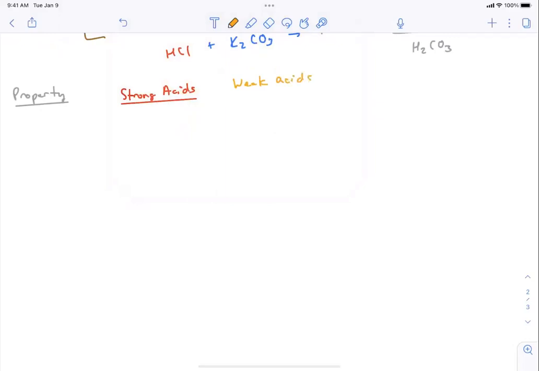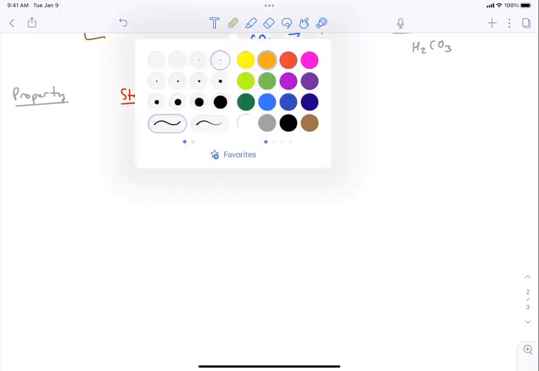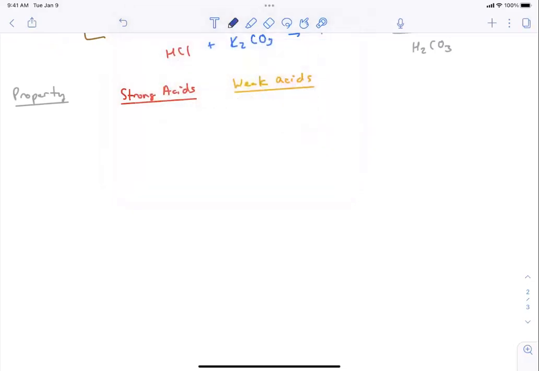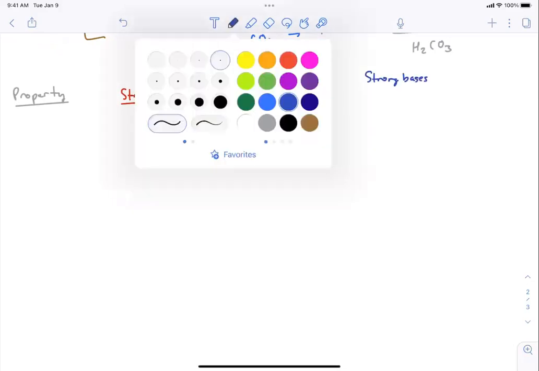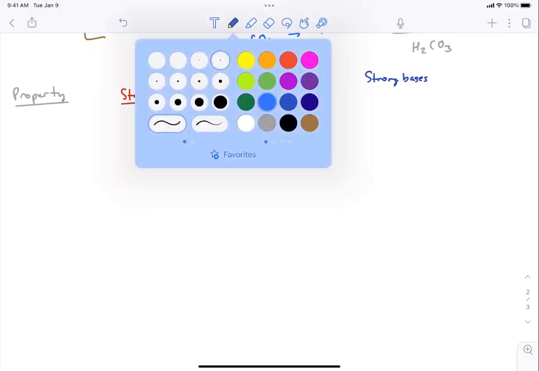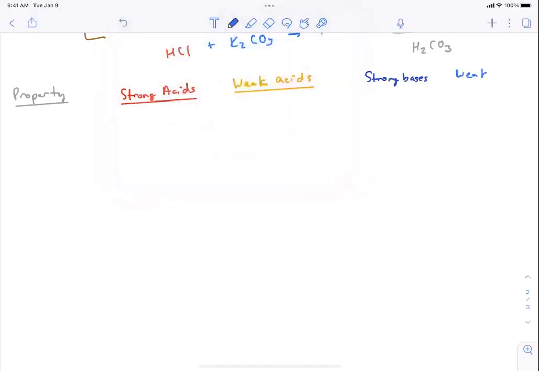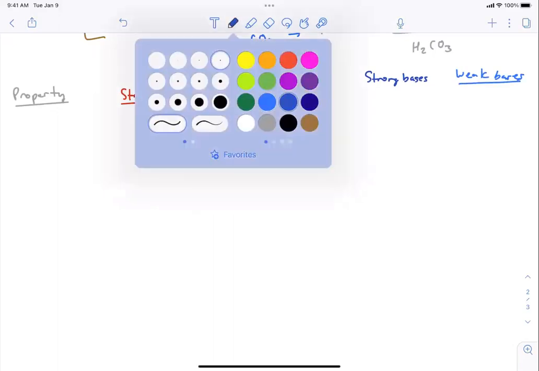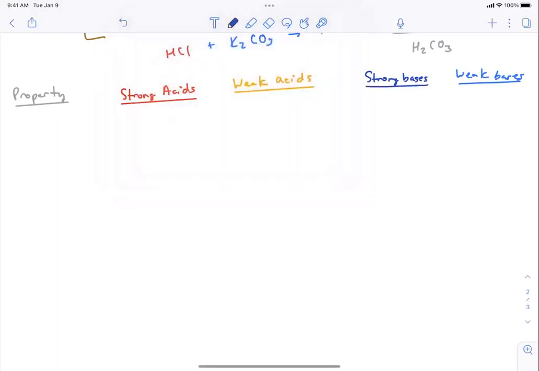Okay. Weak acids, strong bases, and weak bases. Some of them, I'm not sure yet. I wish I could tell you.